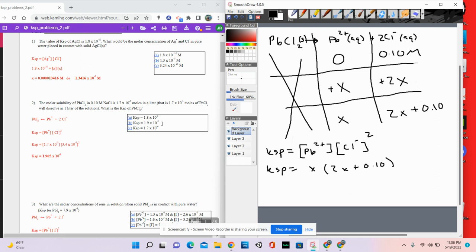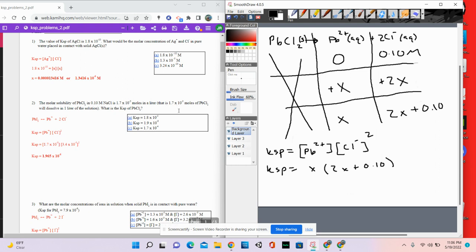Now, the molar solubility was given, and that value is 1.7 times 10 to the negative third, and the molar solubility is X. So we can actually replace the X's in this either before or after you simplify, depending on what you want to do.